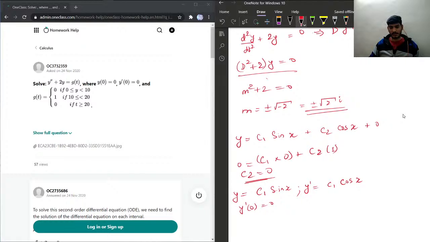Then y prime is 0 when t is 0, so cosine 0 is 1, hence my c1 is also 0. So eventually we are ending up with y equal to 0 for t between 0 to 10 and greater than 20.